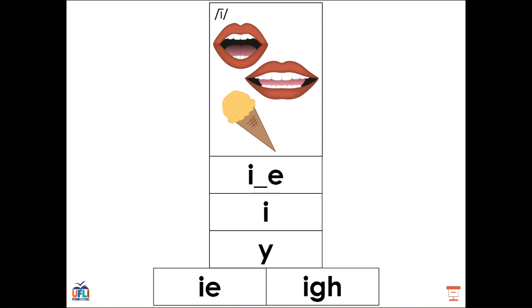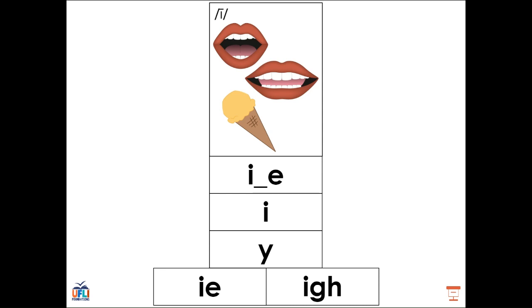All can be used to spell the sound I. When you hear I in a word, it could be spelled any of these ways. So much easier when you're reading it, because if you see this, you're going to say I. If you see I at the end of an open syllable, it'll say I. Y at the end of a one-syllable word will say I. IE and IGH, you would read them all I.